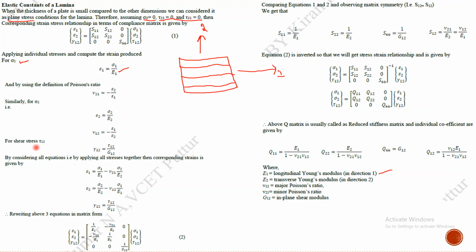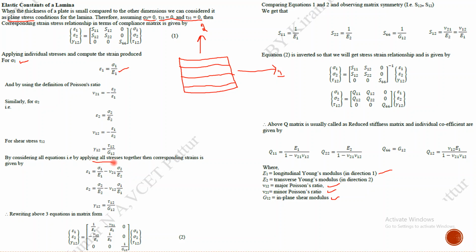And for shear stress, by using Hooke's law, gamma 12 is equal to tau 12 divided by G12. All these terms, G12, nu 12 and nu 21, we are familiar with from the first module itself.